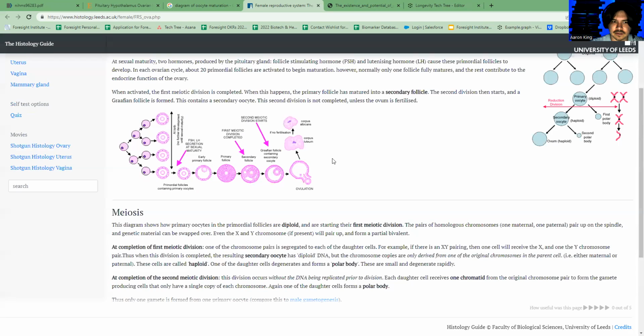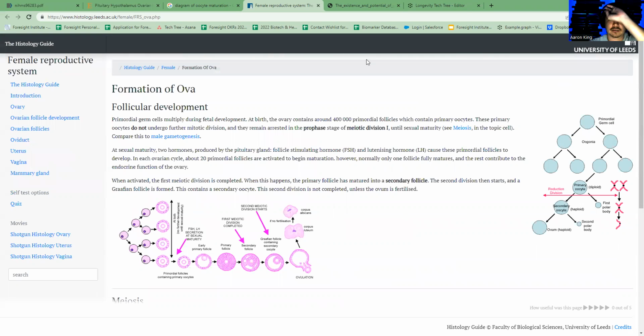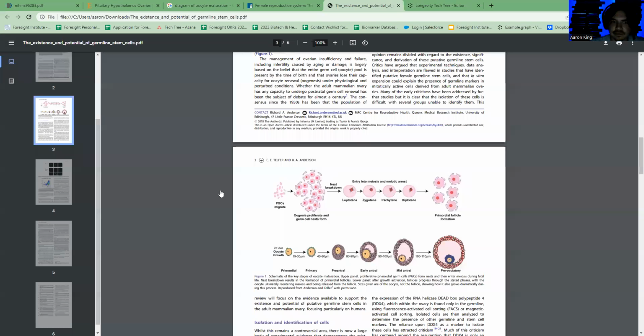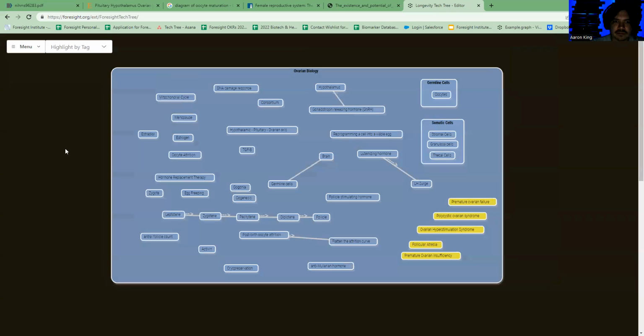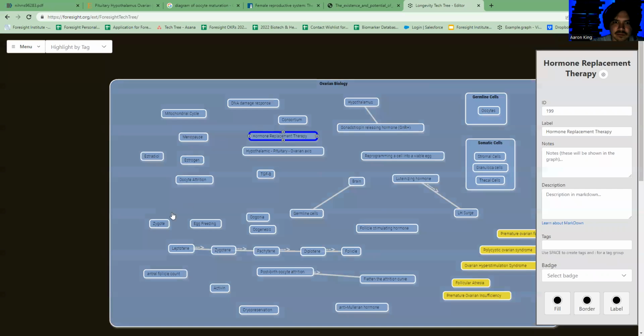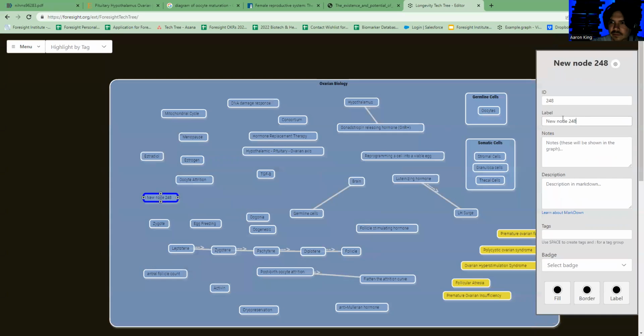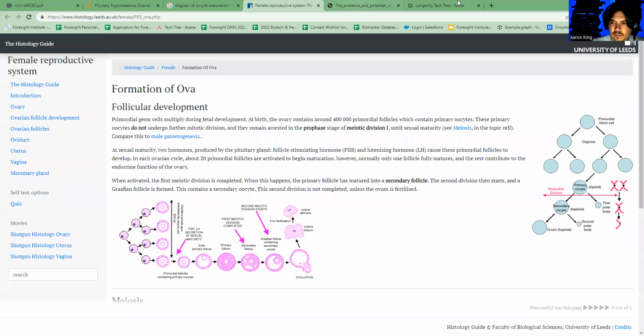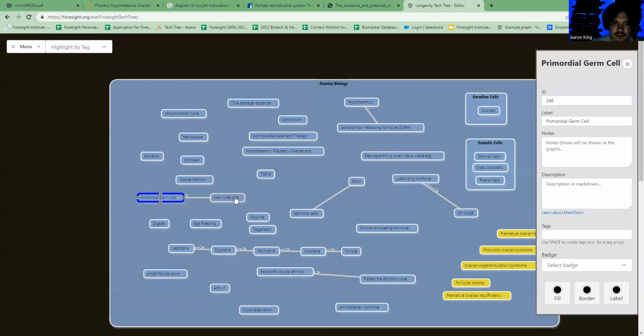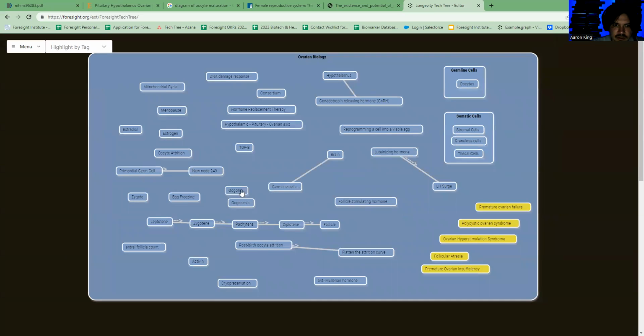Meiosis. Okay, so primordial germ cell goes to oogonia. Where's oogonia? I swear I had it somewhere on here. Oh, here we go.